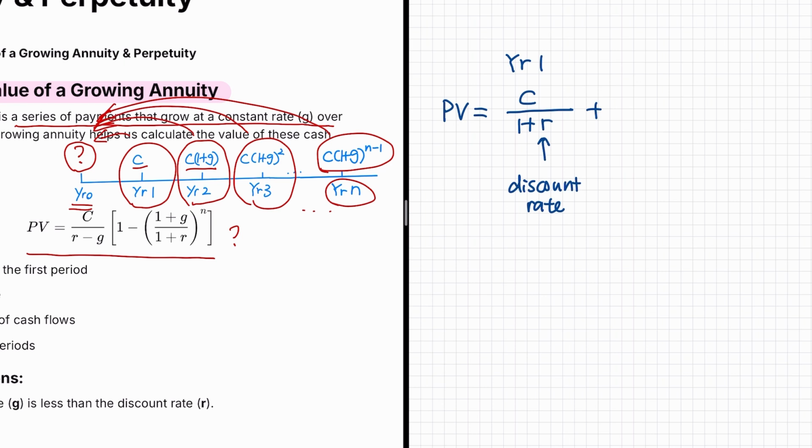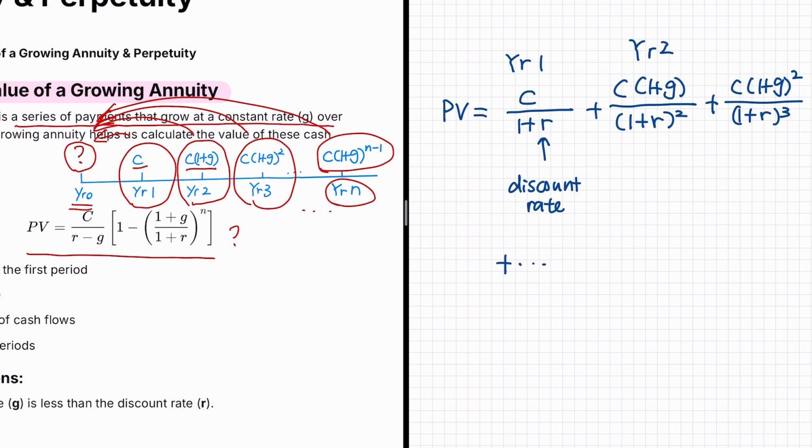For the cash flow in year 2, its cash flow is C times 1 plus G. However, we also need to discount it back to year 0. As there are 2 years, we need to divide it by 1 plus R squared. And for year 3, it should be C times 1 plus G squared divided by 1 plus R to the power of 3.